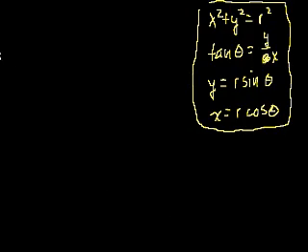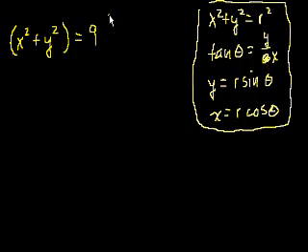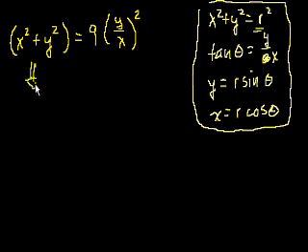All right. The next one they give us is x squared plus y squared is equal to 9 times y over x squared. Already, if we do some pattern matching, well, x squared plus y squared, we know that's equal to r squared. So this is equal to r squared is equal to 9 times, you see, y over x.